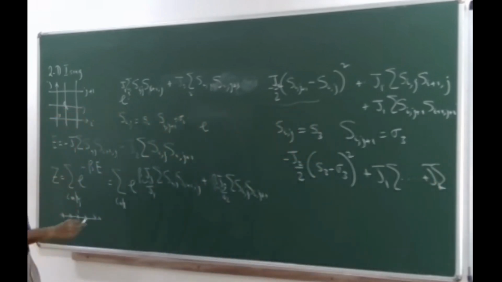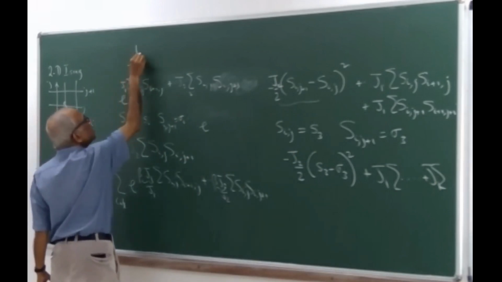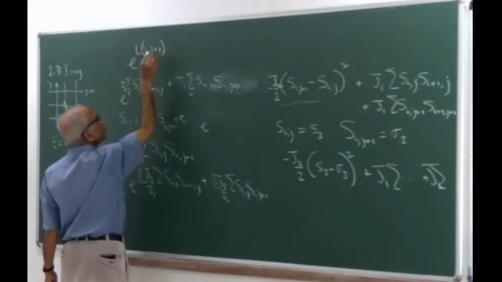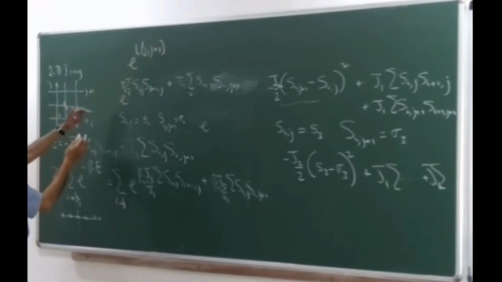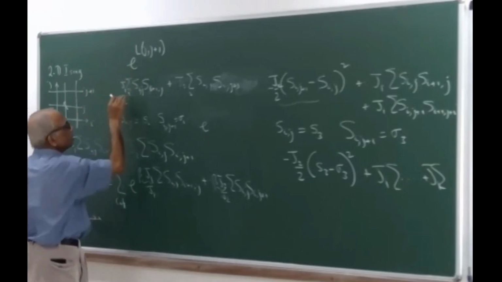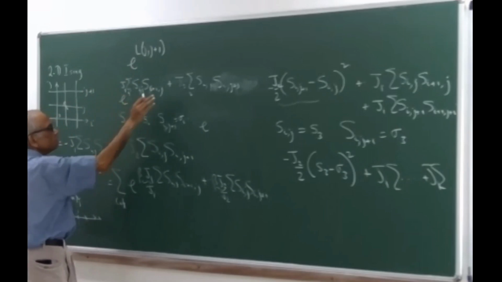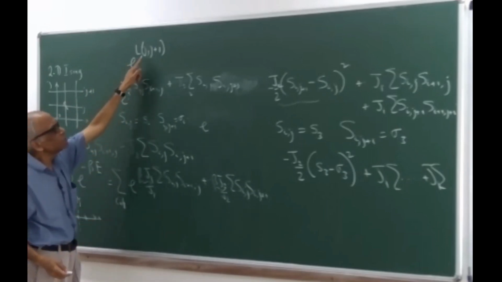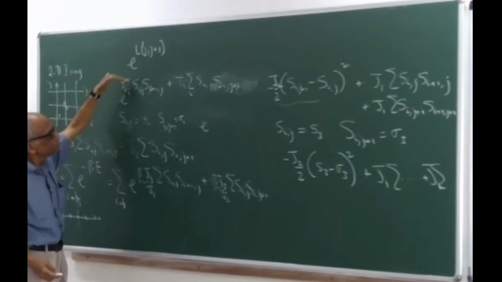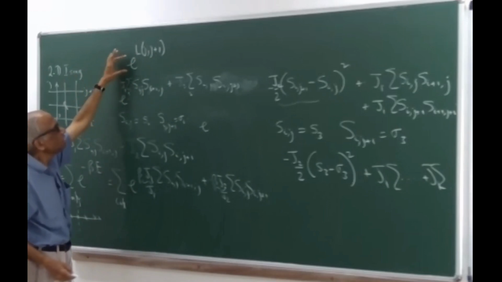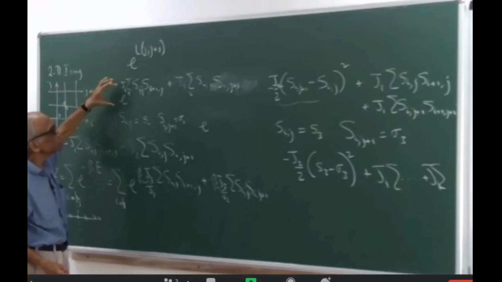If I write this as e to the power L j to j plus 1, this whole business is going to be summed over Si, and you write L j to j plus 1, but the summation over I is taken into account, and this part describes what is happening.